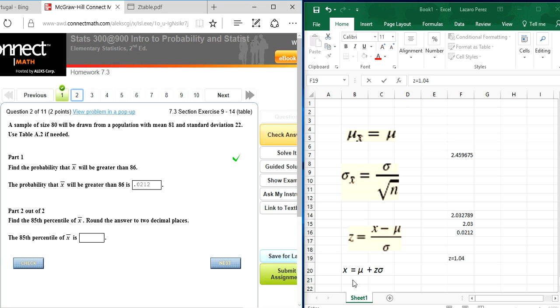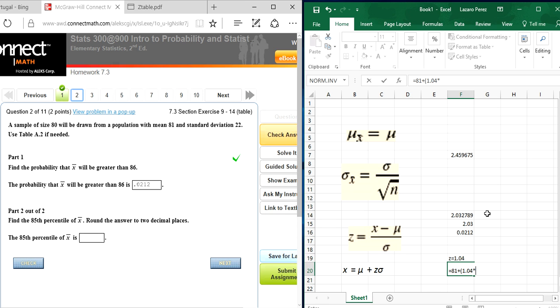Now we're going to put this into the formula at the bottom. This formula gives us the x value, and that's what we're looking for. This formula is the mean plus the standard deviation times the z-score. So let's put that formula in right below. The mean is 81, plus the z-score 1.04 times our standard deviation.